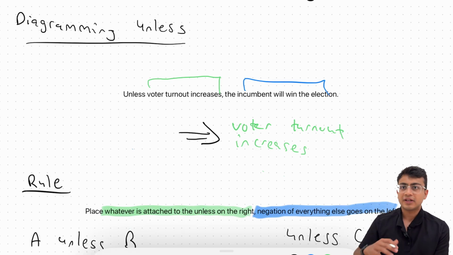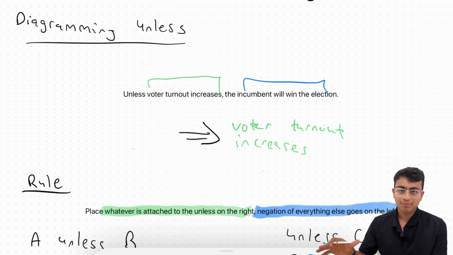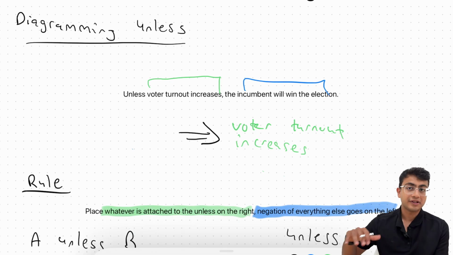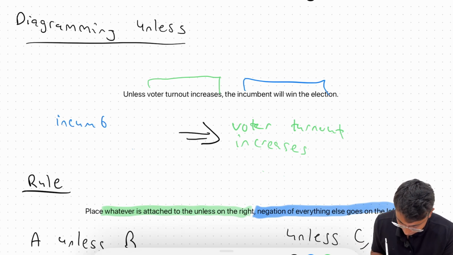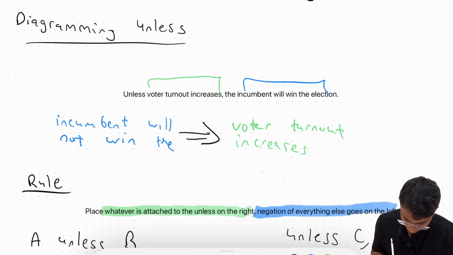The negation of it, and from our last video, we know that negation just means adding a not. And I also said that it's sometimes not that simple, and we'll be discussing how to properly negate later on in this video. But for now, we can just go on with adding not. So this becomes the incumbent will not win the election.